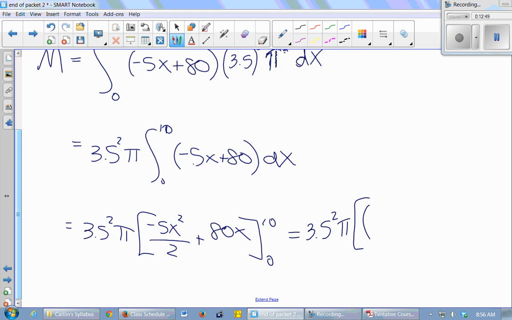Okay, so when I plug in a 10, 10 squared is 100, -500 over 2 is -250, plus 800. 550? I think it's 550. Yes, 550. And when I plug in a 0, I get 0.